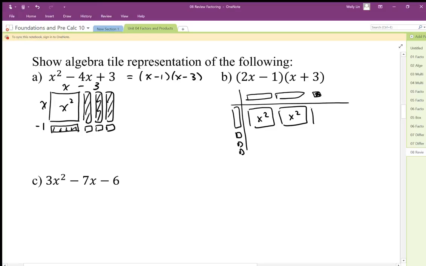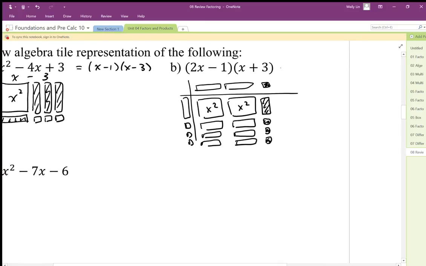It's going to give us a minus x, and then plus 6x's, and minus 3 1's. So the expansion for this is going to be 2x squared plus 6 minus 1, so plus 5x, and minus 3.